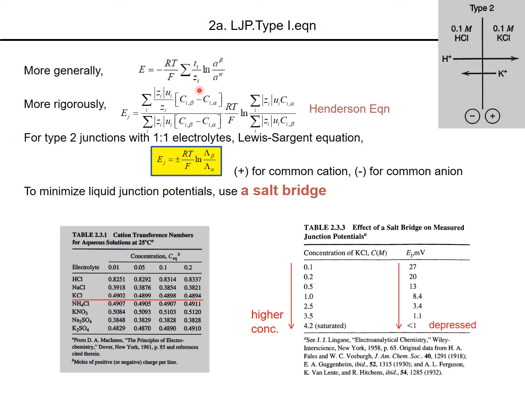For cation, this is the plus sign, and for the anion, this is the minus sign. So if you have plus 1, minus 1, then this term becomes the transference number difference.